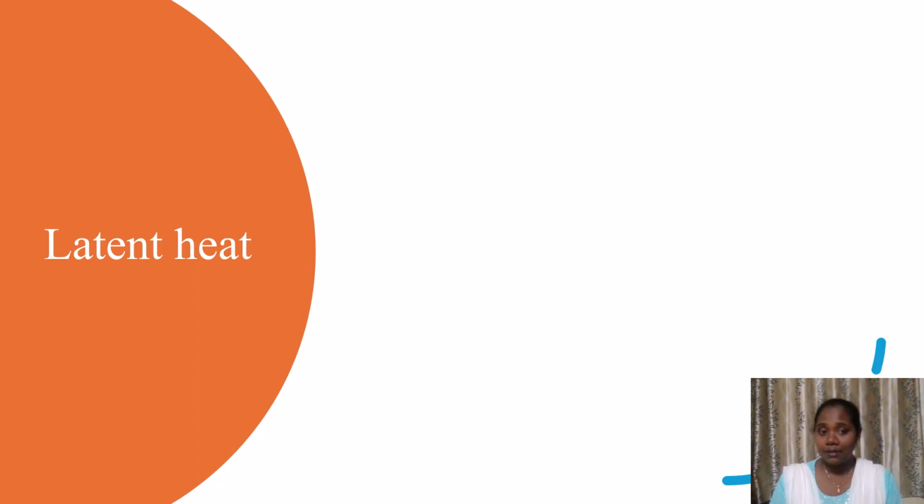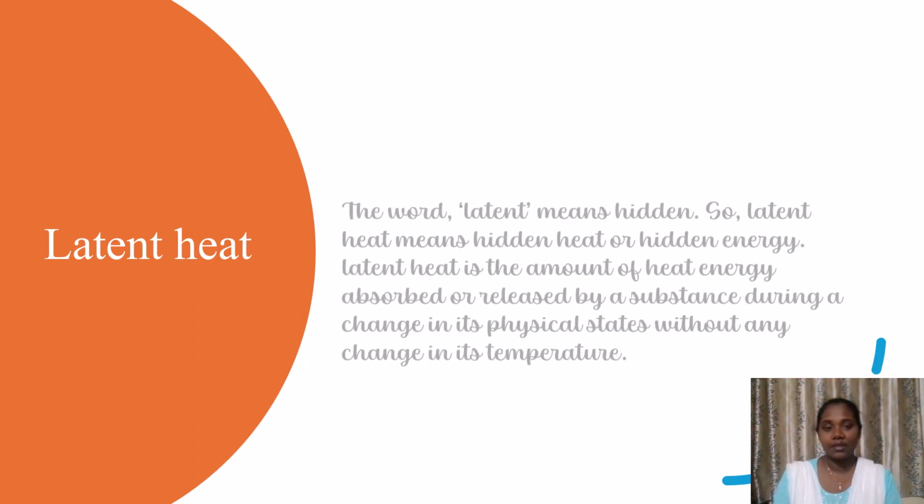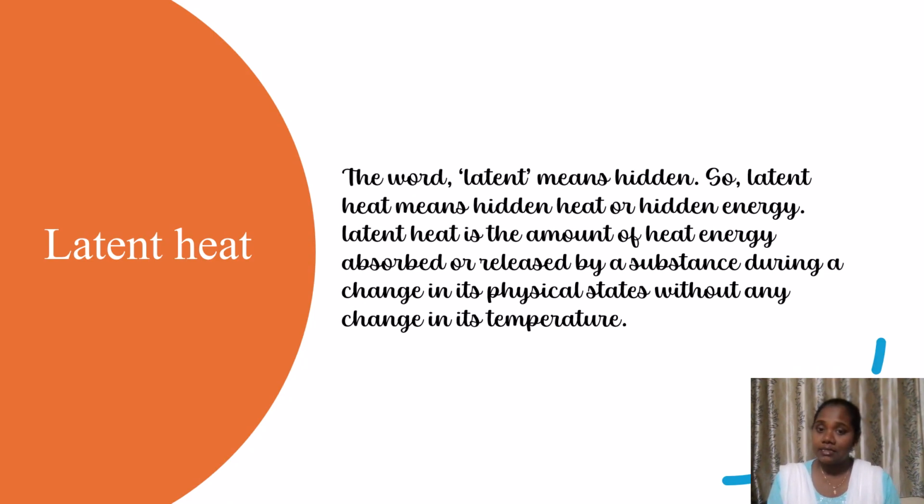Now let's see about latent heat, which is the last topic of this lesson. The word latent means hidden. So latent heat means hidden heat or hidden energy. Latent heat is the amount of heat energy absorbed or released by a substance during a change in its physical state without any change in its temperature.